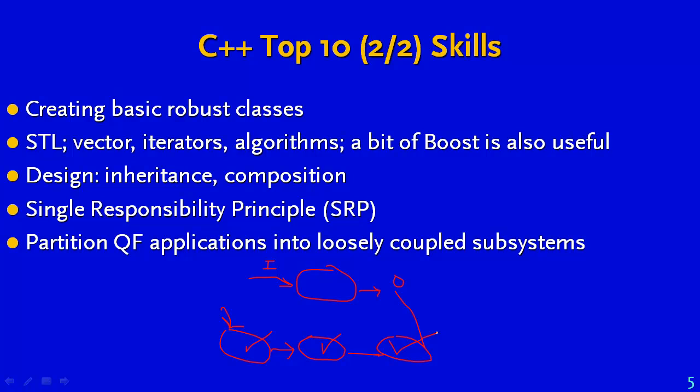Of course, they'll have interfaces, inter-subsystem interfaces, so it makes life easier. So you can develop each subsystem independently, rather than solving one big monolithic system in one go. Again, it's another facet of the SRP, single responsibility principle.